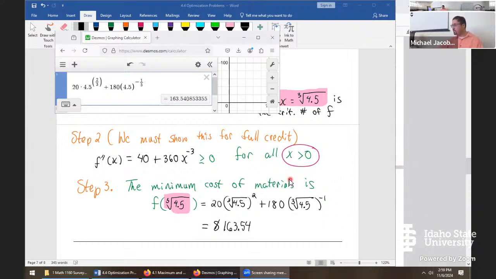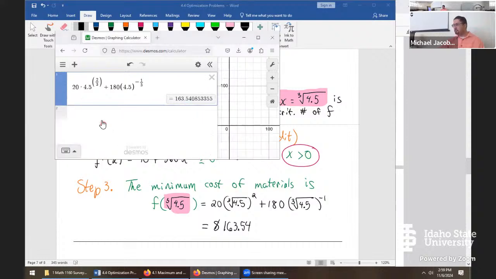What about the cube root? Are you referring to the cube root 4.5 here? Yeah, I typed it in a kind of strange way. What I did was, this is the cube root of 4.5 to the second power, so I wrote it as 2/3. I was typing it in Desmos, and it seemed like it was just formatting weird.